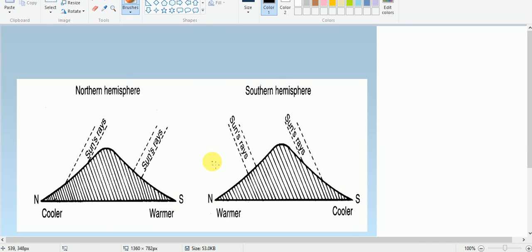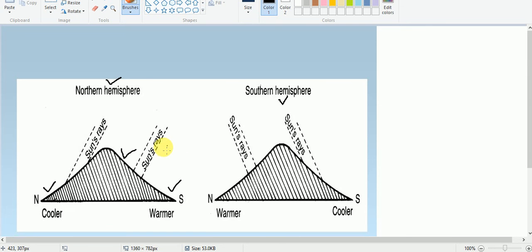Let us suppose this is a mountain range located in the northern hemisphere, and this is another mountain range located in the southern hemisphere, and these mountain ranges run in the east-west direction. The mountain range in the northern hemisphere will get intense sunlight on the southern slope. See here, this side is the southern slope and this is the northern slope.